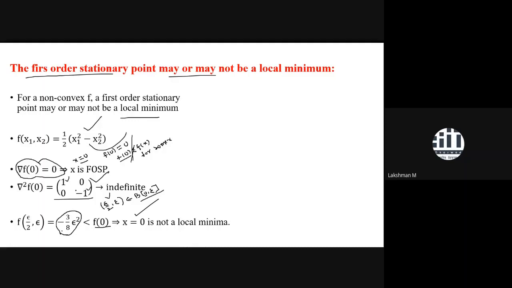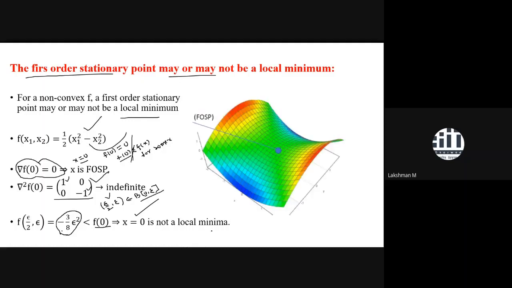It has two eigenvalues of opposite sign, so simply you can say that it is an indefinite matrix. That's why this point x equal to 0 is a saddle point. It is a first order stationary point, but it is a saddle point. You can observe the plot like this. So this is a totally algebraic description of a saddle point or first order stationary point.